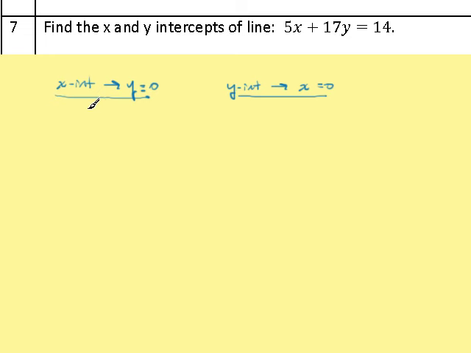So to find the x-intercept, we're just going to set y equal to 0. So the 17y is going to drop out. And we end up with 5x equal 14, and we have x is equal to 14 over 5. So that's the x-intercept, or in point form that would be 14 over 5, comma 0.